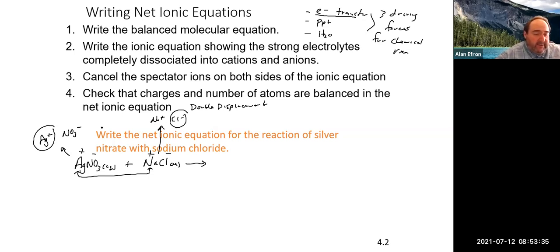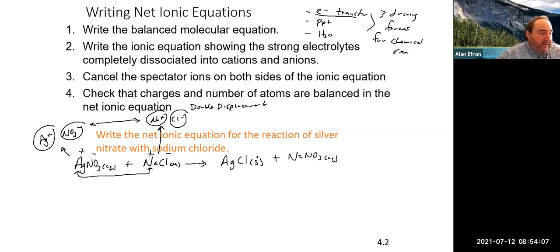Since these are +1 and -1, that will give us the proper formula on the right-hand side, which, by the way, happens to be a solid. And we'll talk about how you know that it is a solid in just a bit. When we take our sodium and put it with our nitrate, again, +1 and -1 gives us our proper formula, which is sodium nitrate.